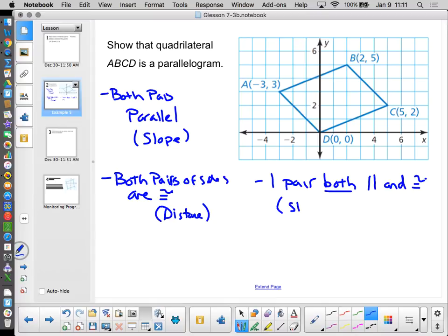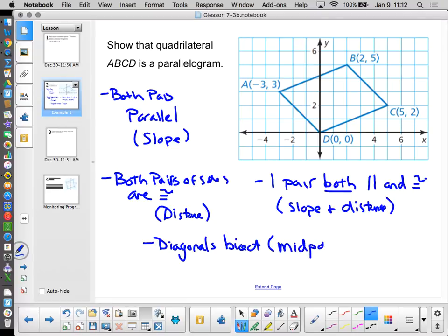That would mean a slope and a distance formula for the same pair of sides. Or we could show that the diagonals bisect each other. And that would involve midpoint formulas.